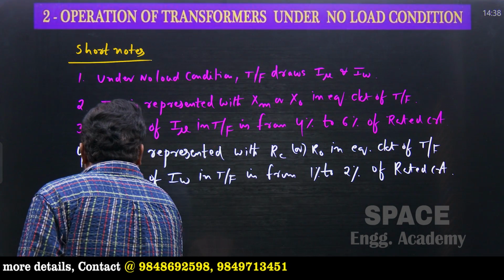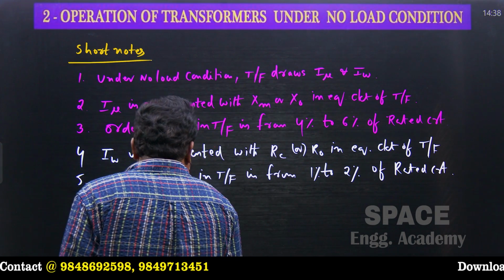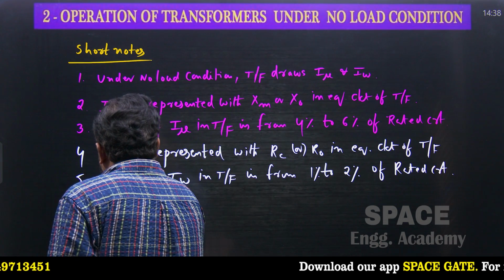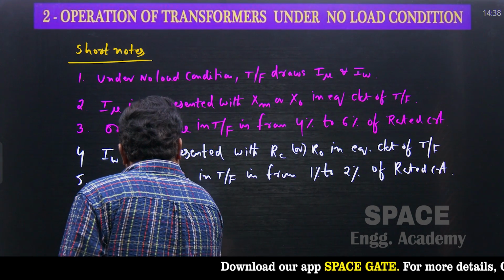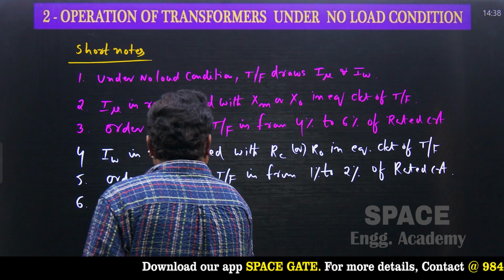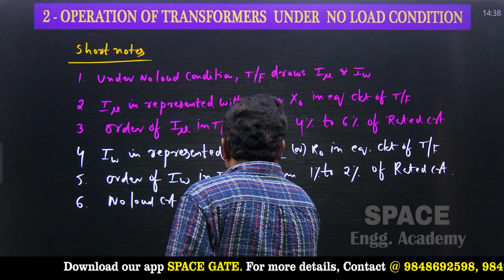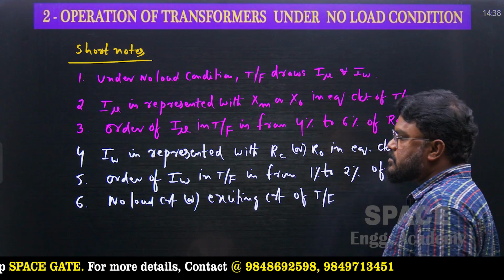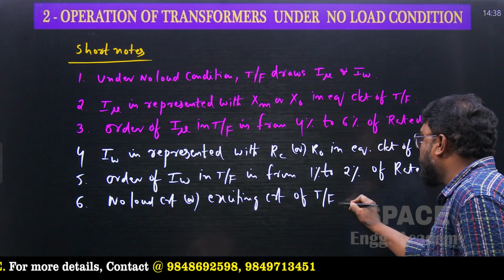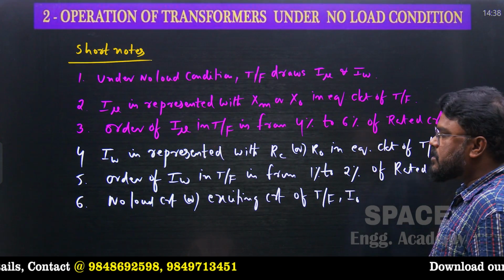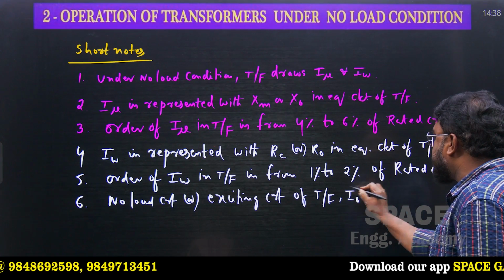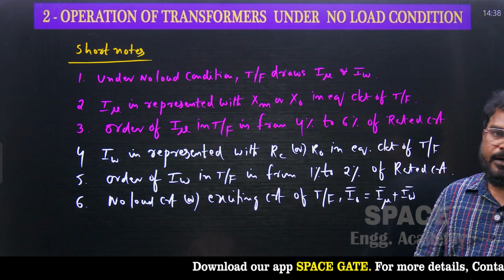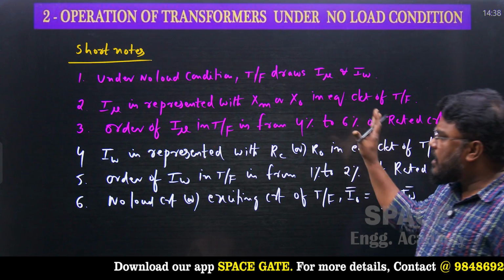So the no load current or exciting current of the transformer, I naught or I0, is equal to the vector sum of the magnetizing current plus the iron loss component of the current. So these are all questions.